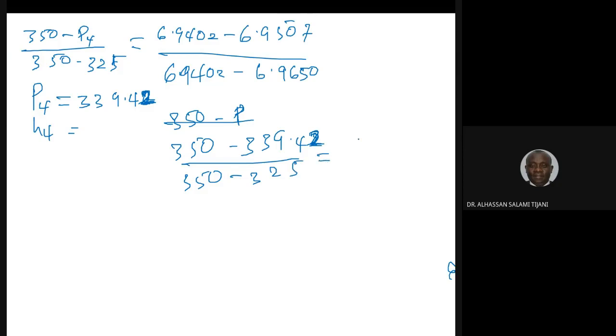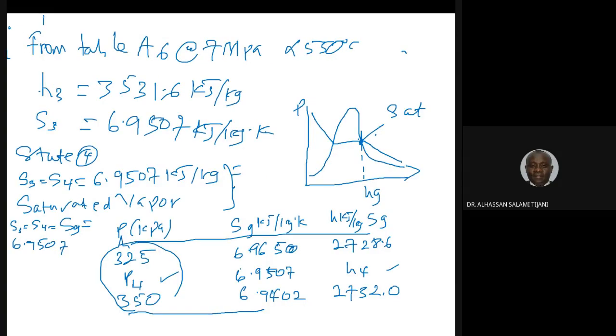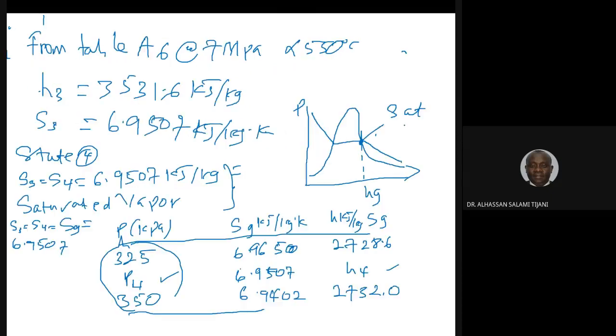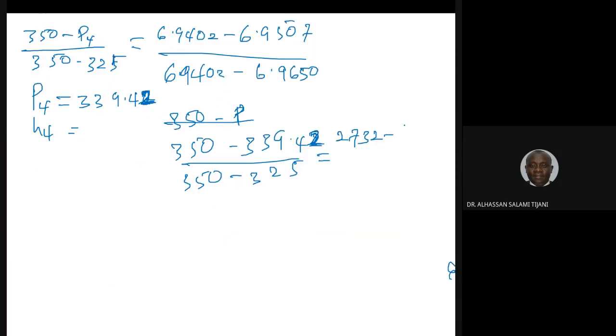So this should be equal to, and now, 2732 minus H4, and then 2728.6 minus H4, again 2732 minus 2728.6.